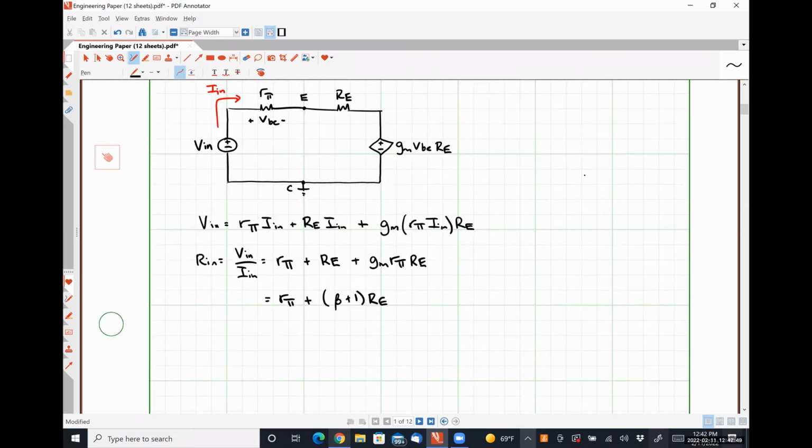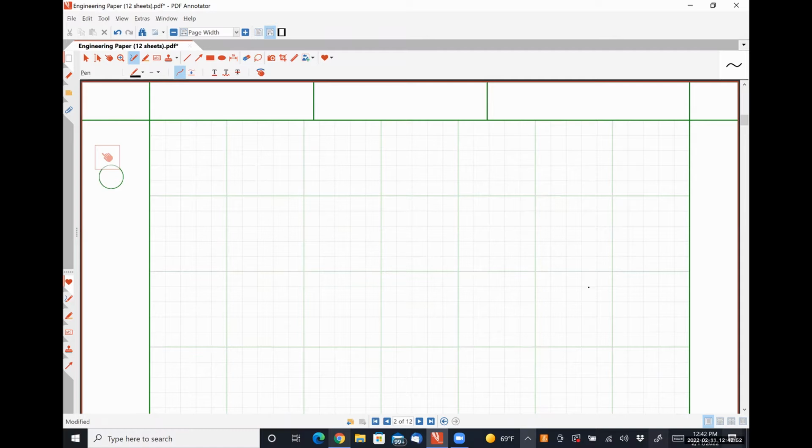So for the determination of R out, what it's going to look like is this guy. So here we have our test voltage in parallel with RE in parallel with R pi.